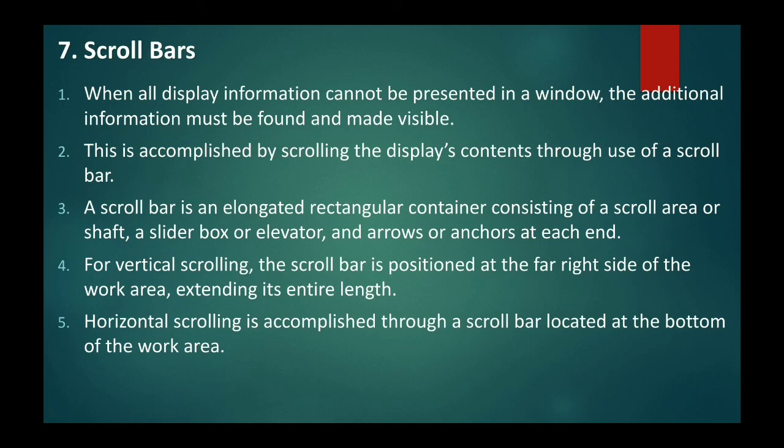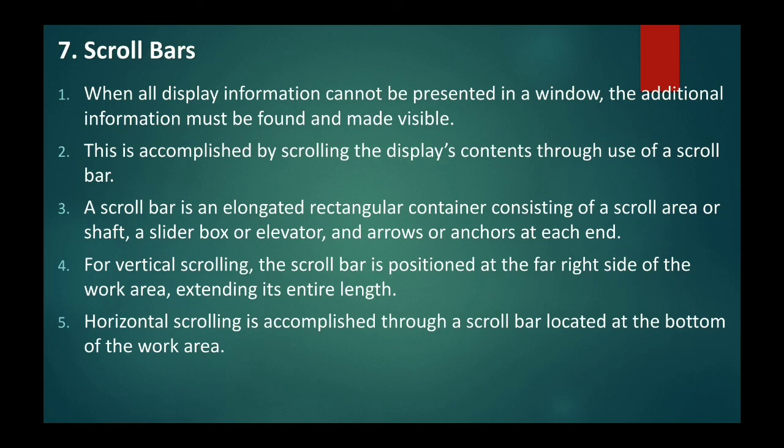A scroll bar is an elongated rectangular container consisting of a scroll area in which you can move the strip located inside the scroll bar. You can drag this strip upward and downward. I'm just talking about the vertical scroll bar. That way you can see the content which is beyond the page.